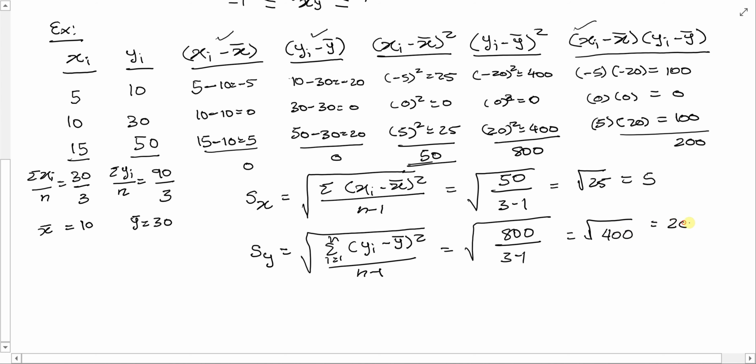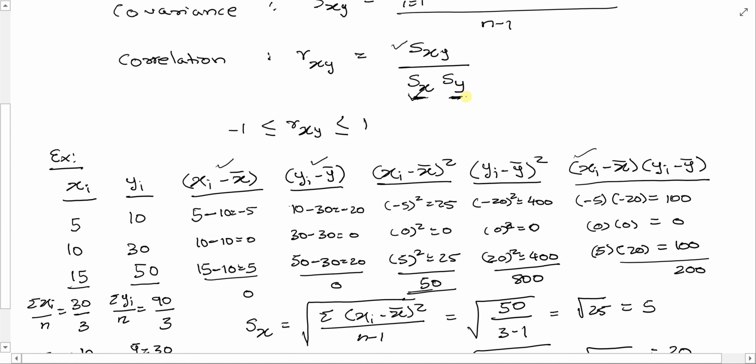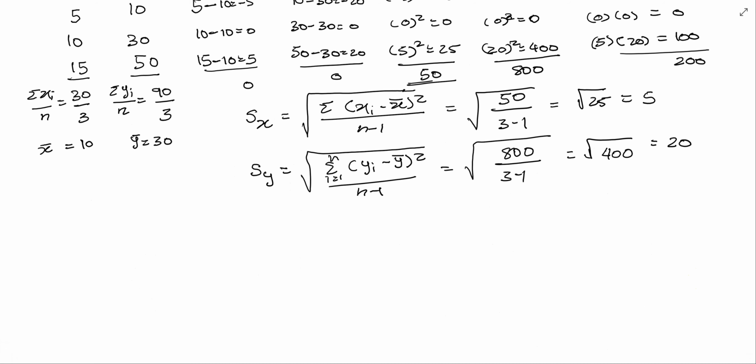That turns out to be 20, right? So now we have calculated standard deviation of x, standard deviation of y. We have the covariance, we have the ingredients of covariance.